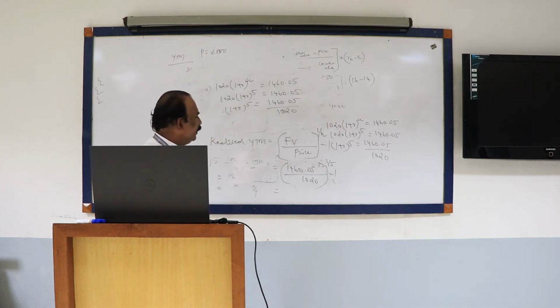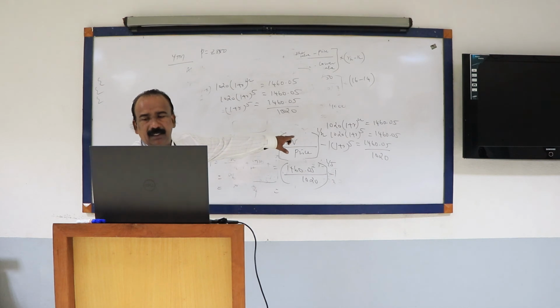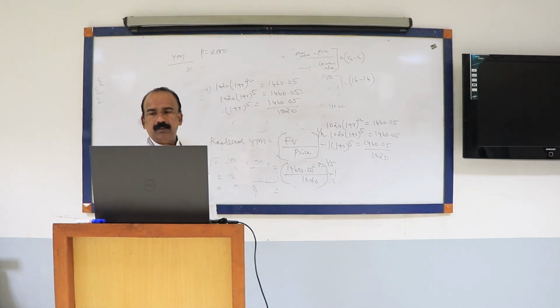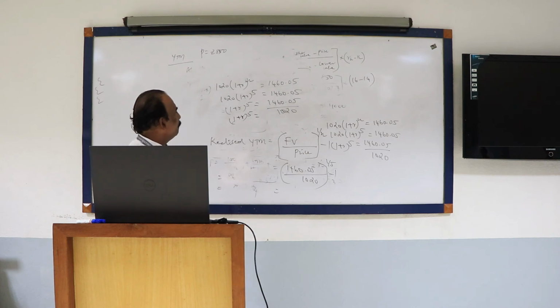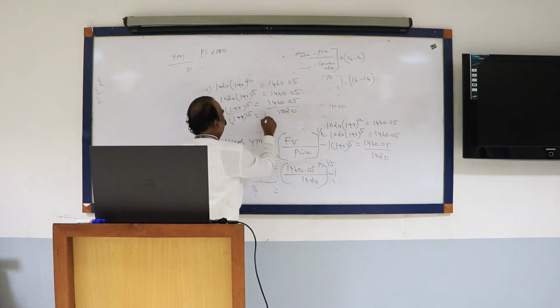1460.05 divided by 1020, how much? 1.4314. That power has to come outside. So please kindly change it. Realized YTM: future value divided by price, power 1 by n, minus 1. So it comes like this: 1 plus r power 5 equals 1460.05 divided by 1020, which is 1.4314.